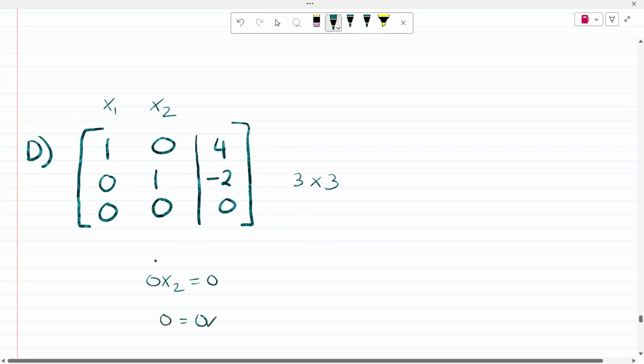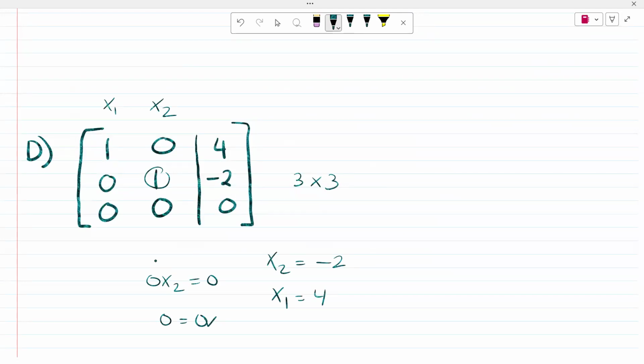And then if you look at this, this would be x2 equals -2, and then x1 equals 4. So because of this 0 equals 0, it's going to be consistent. So it does have a solution, and it's going to be unique.